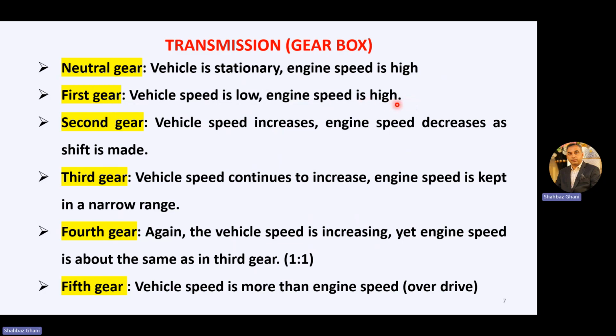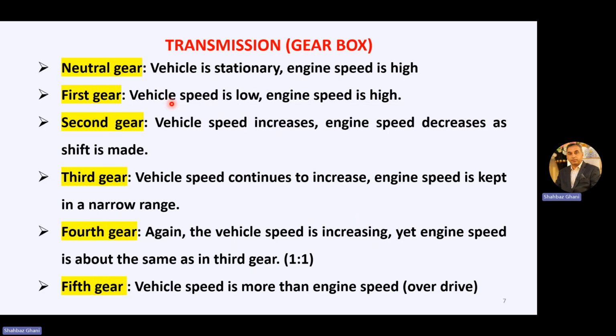Engine is rotating at a high RPM, but your vehicle is moving slow because of the gear ratio of the first gear. Then we have a second gear in which the vehicle speed increases. It is more than the first gear, but less than the engine speed. Okay, let's suppose for understanding purposes, in first gear, the speed is 400 RPM.